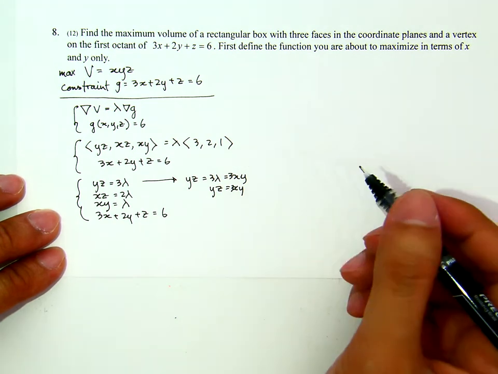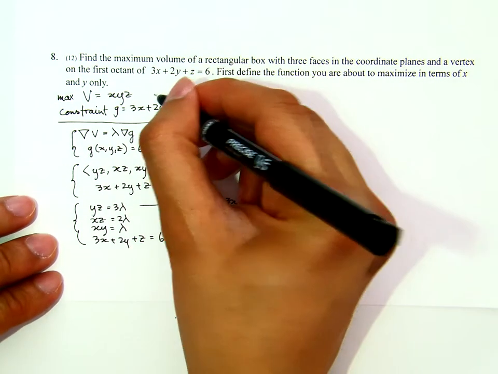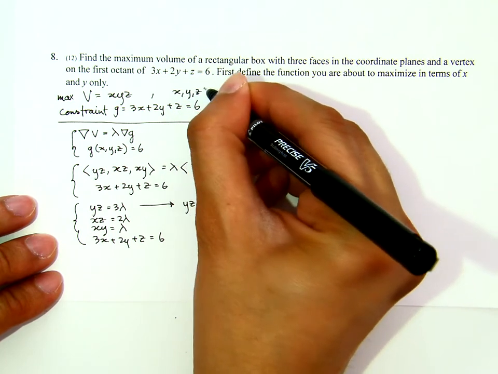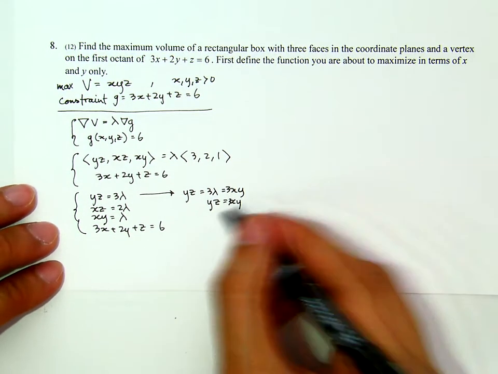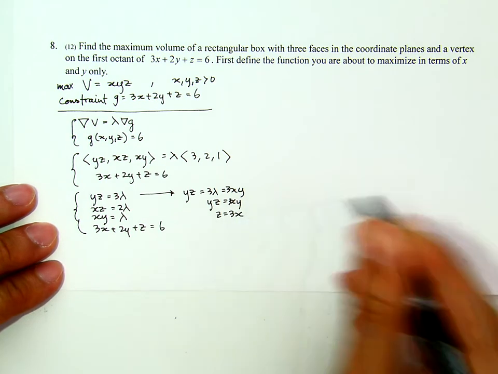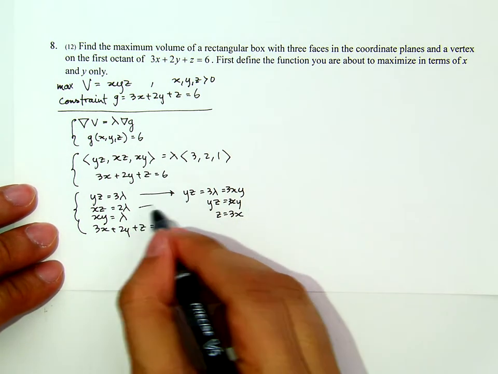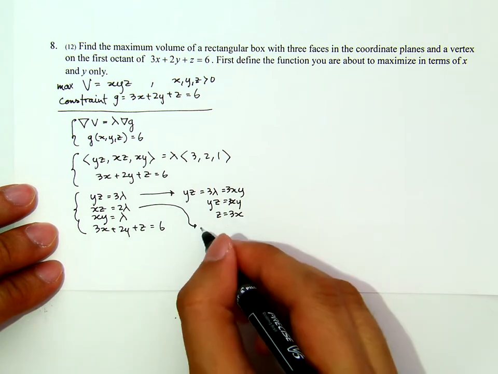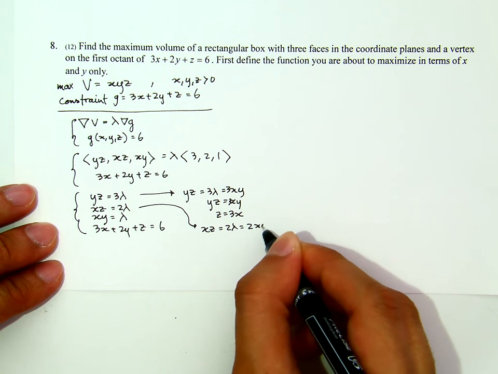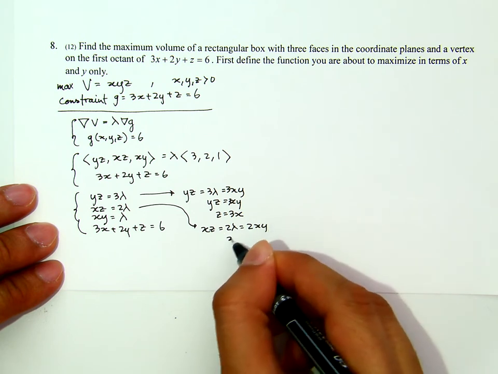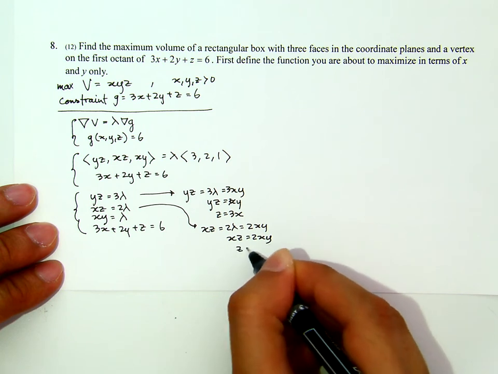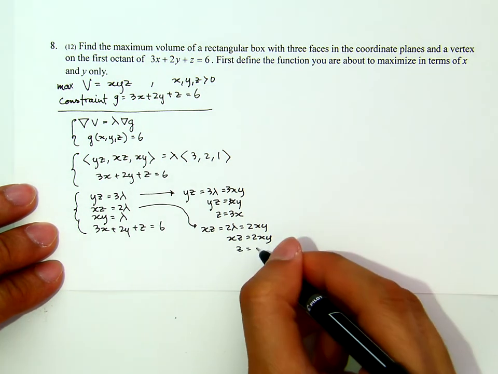Because we know that x, y, z are positive, I can divide by y and I get z = 3x. Likewise for the second equation, xz = 2 lambda, which means 2xy. I can cancel the x, and I get z = 2y.